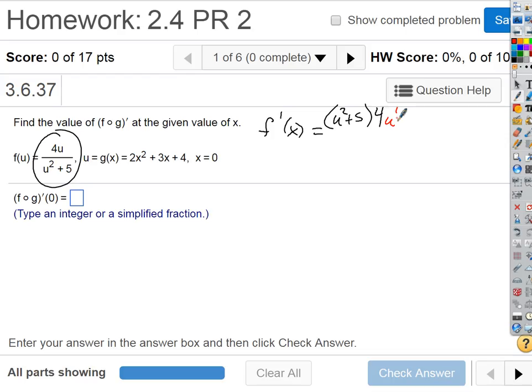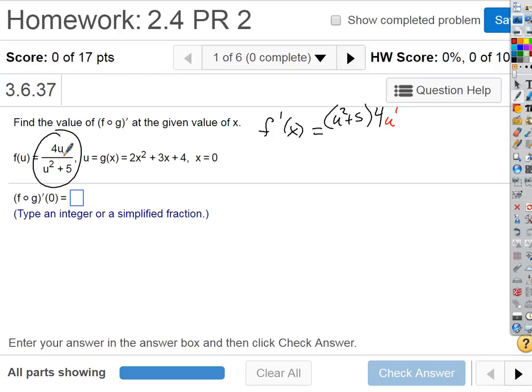But you agree that we actually do have to look inside that next layer there, don't we? Because it's quotient on the outside, but when we differentiate the top, we've got a u prime there. Because we're not differentiating with respect to u, we're differentiating with respect to x. And du dx is not 1, it's u prime, right?